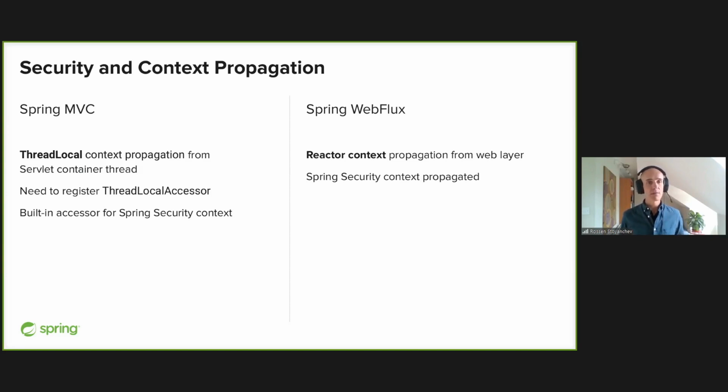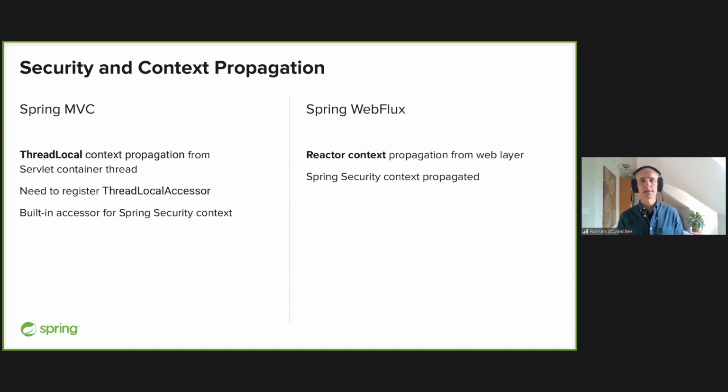You can imagine that some of these data fetchers are asynchronous, and that means that you're not guaranteed to be executing in the same thread. Now, in order for thread local context propagation to work, you need to create a thread local accessor, which is a very simple interface to implement in order to help Spring GraphQL determine which thread local values you're interested in, how to restore them, and how to reset them.